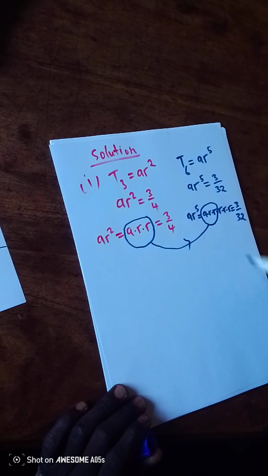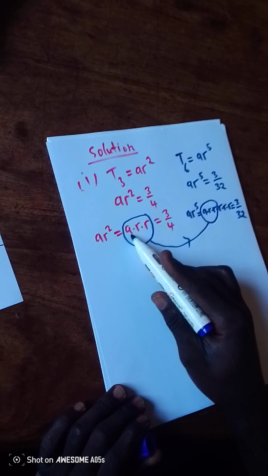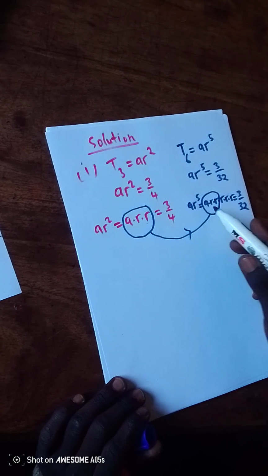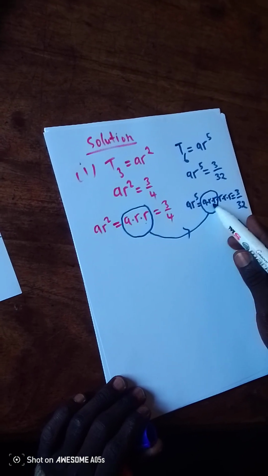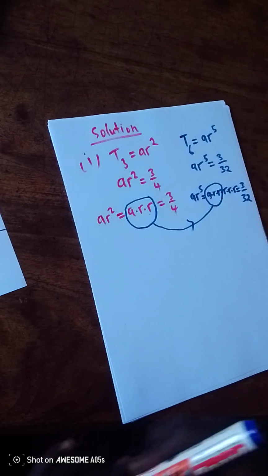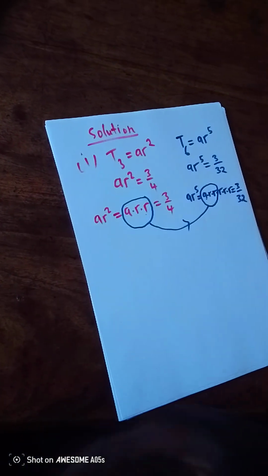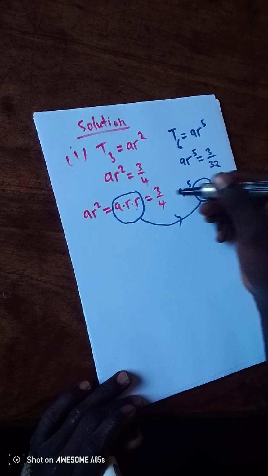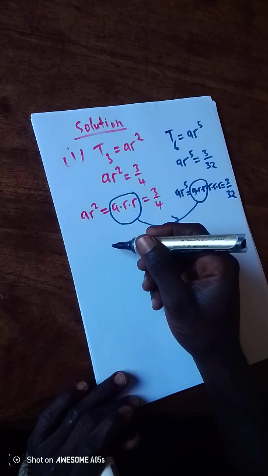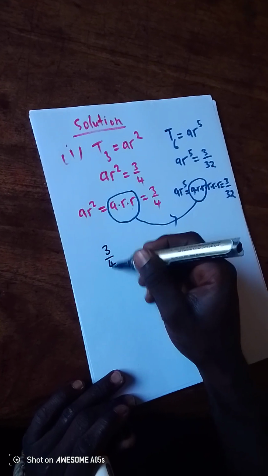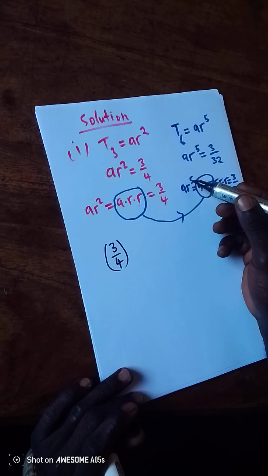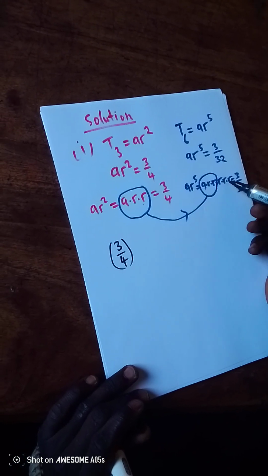So we remember that A R R is equal to 3 over 4. So we are going to remove this and replace it with its value, 3 over 4. So 3 over 4 has taken this place, and since we had 5 R's, we have now remained with 3 of them.